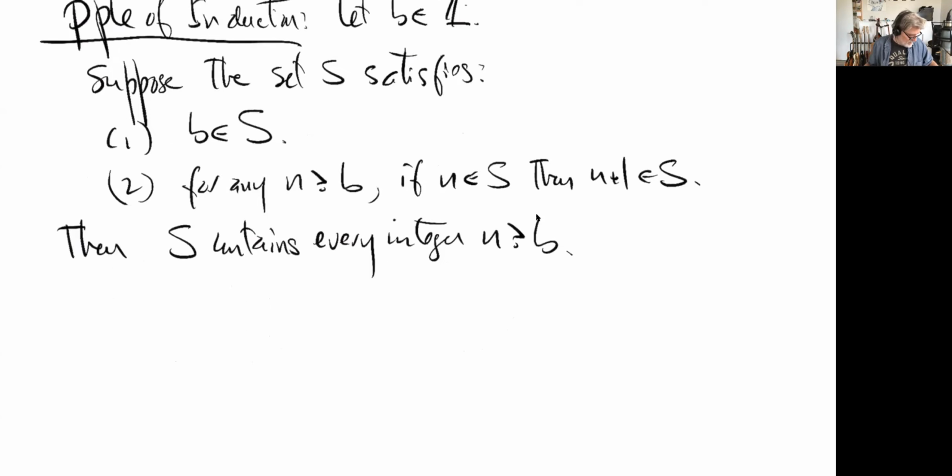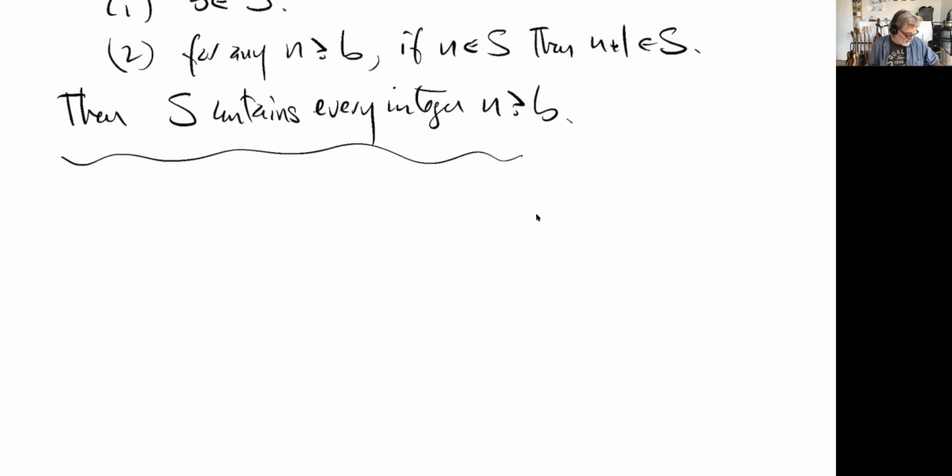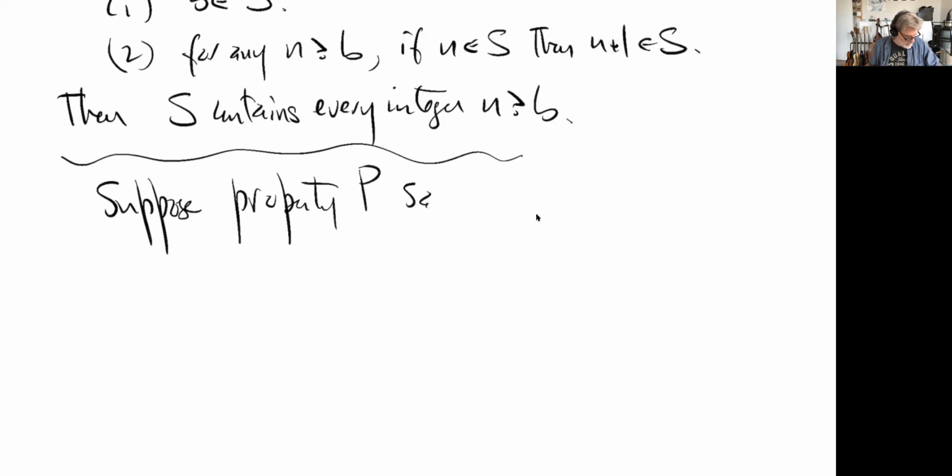If you want to see it as a property, suppose property P satisfies the following. First of all, P of B is true.